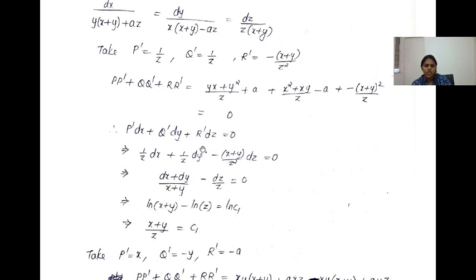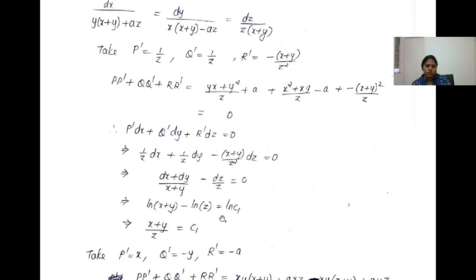rearrange it, so that will give you dx plus dy by x plus y minus dz by z. This is the differential for log of x plus y, and this is the differential for log z. On integrating, you will get log of x plus y minus log z. Since I have log on both the terms, I will give the arbitrary constant in terms of log.